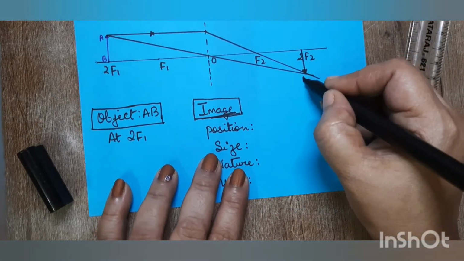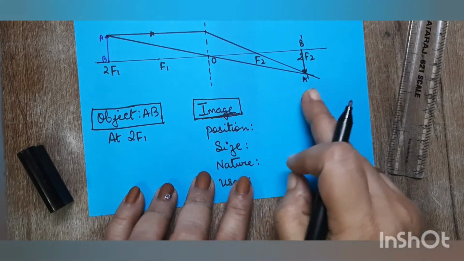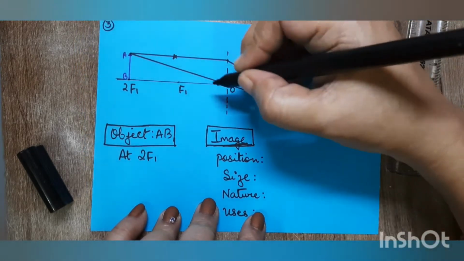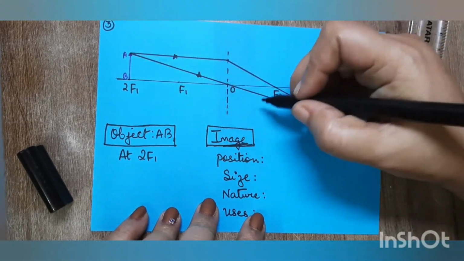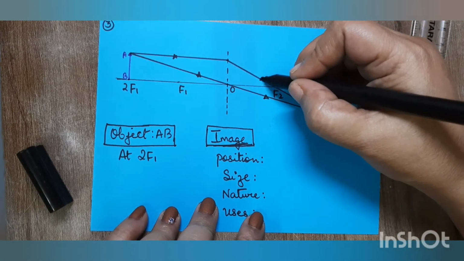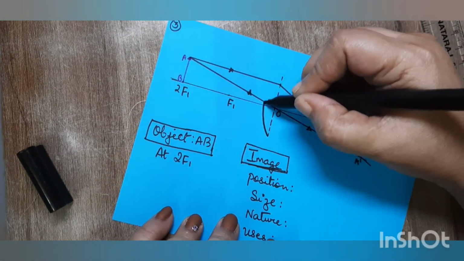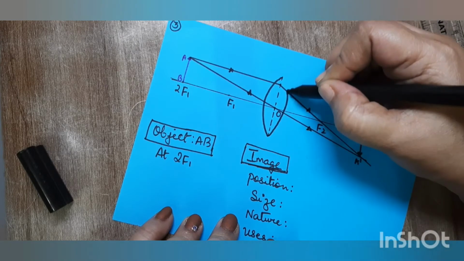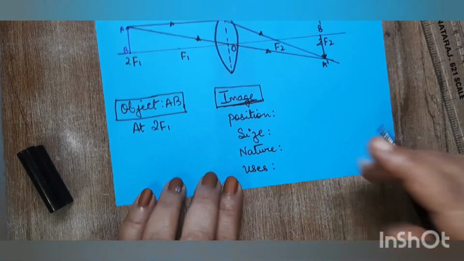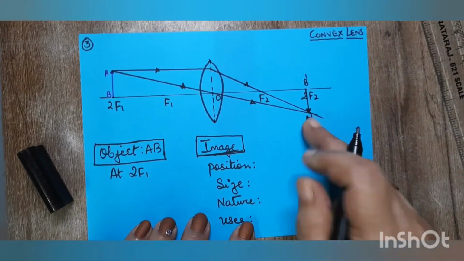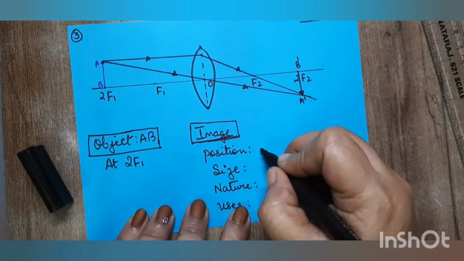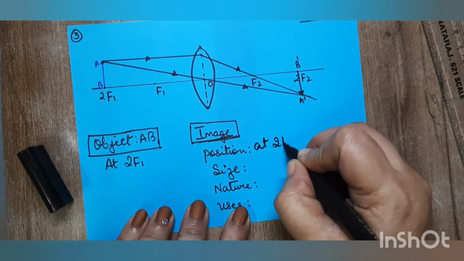So A dash, B dash, the image is formed at 2F2. Draw the incident ray, and after refraction. Then draw the lens here. Then the position of the image is at 2F2.